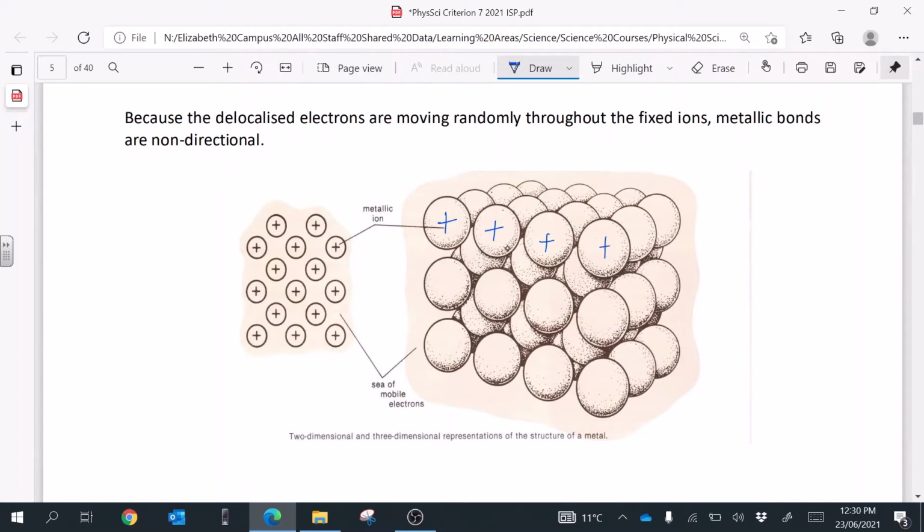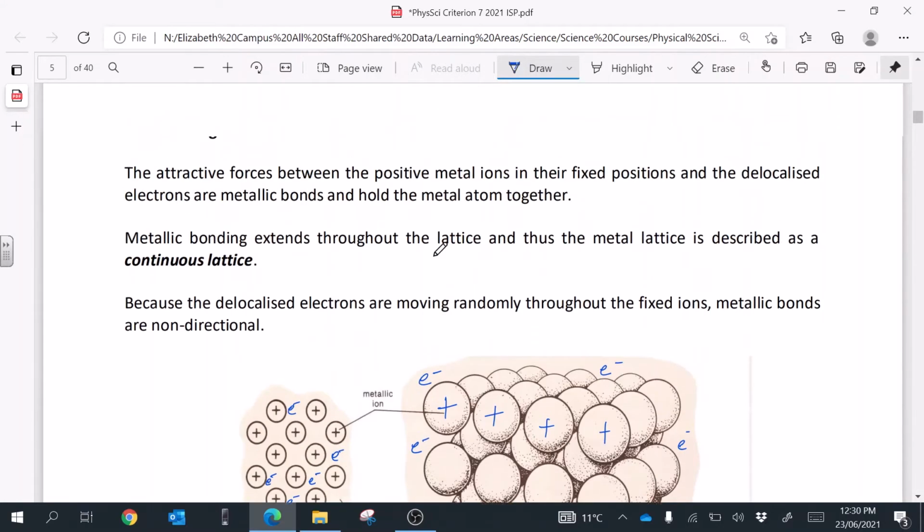So all these big circles are positively charged, and then they're surrounded by a sea of mobile negatively charged electrons. So around this yellowy bit, there are electrons all going through there. This sea of electrons allows metals to have some unique properties.